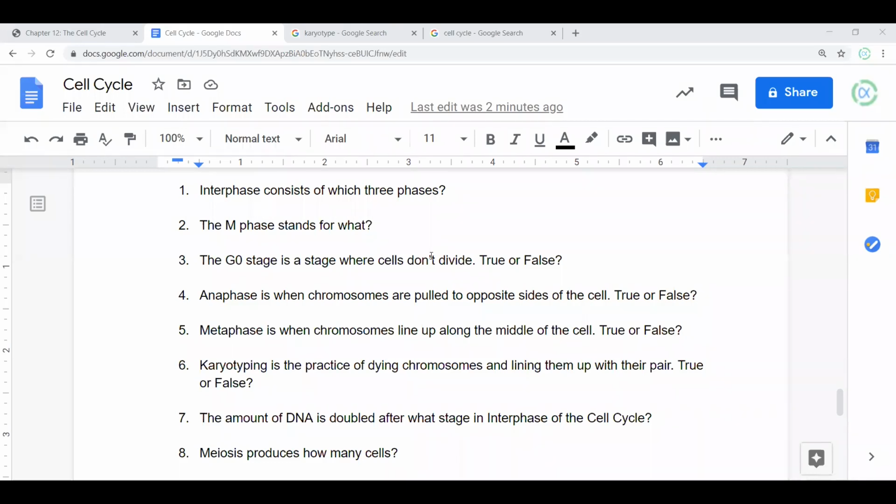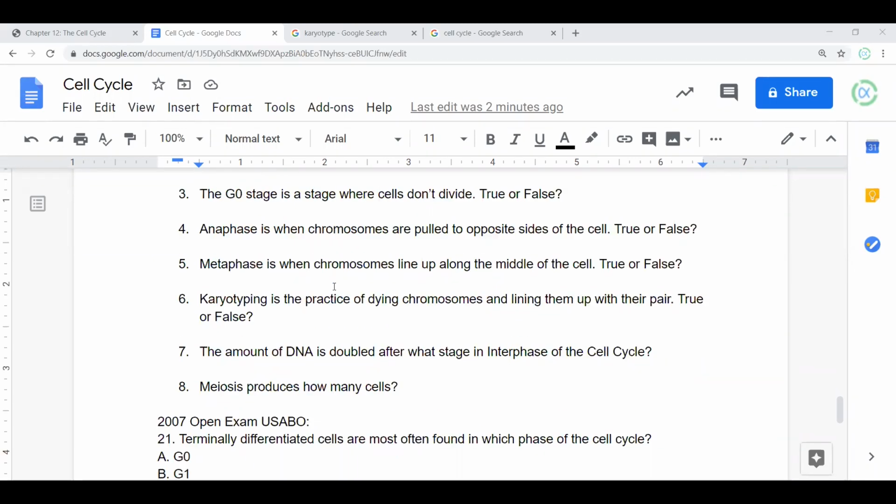Note that meiosis produces 4 cells. Remember, mitosis produces 2 cells. Mitosis starts with a diploid cell and produces 2 diploid cells. Meiosis starts with a diploid cell and produces 4 haploid cells.